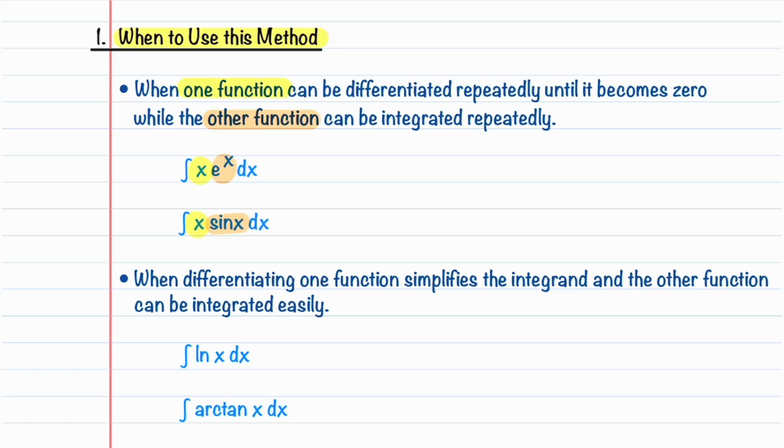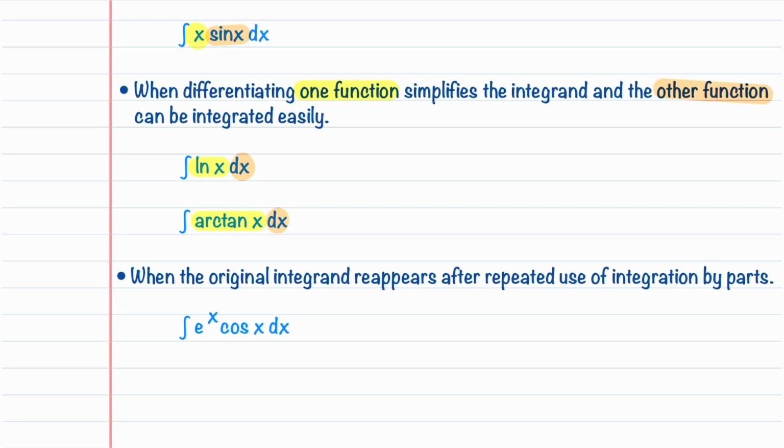You can also use integration by parts when differentiating one function, such as ln x or arctan x, simplifies the integrand, and the other function, in this case it's just dx, can be integrated repeatedly. Remember, the integral of dx is just x.